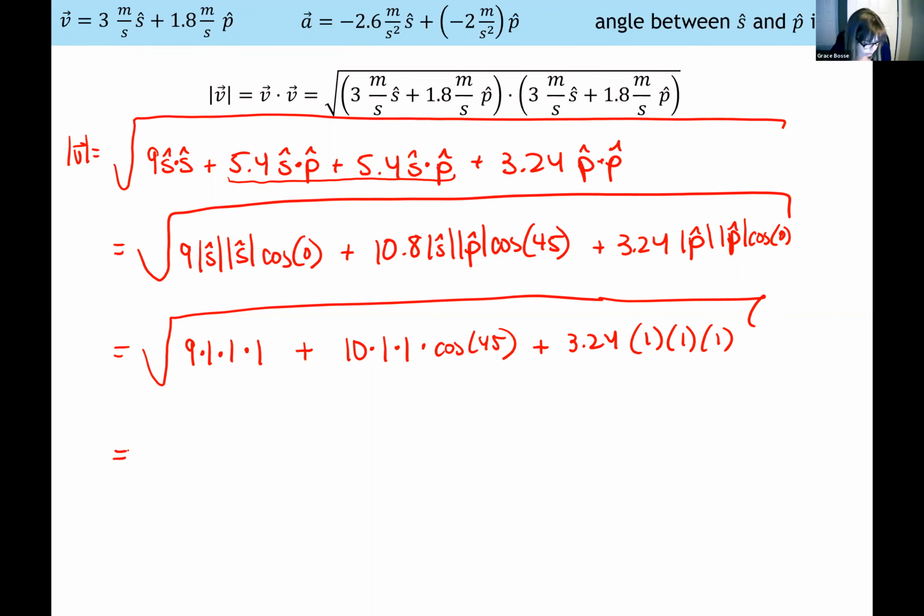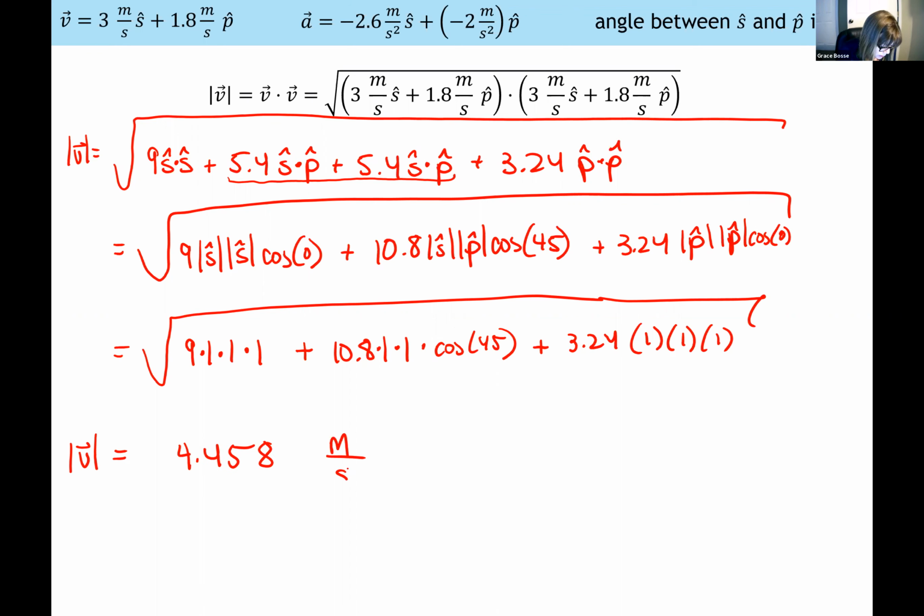And so I get the square root of 9 plus 10.8, sorry, I lost my 0.8, 10.8 times the cosine of 45 plus 3.24. And so I get a final answer: the norm of vector v is 4.458.